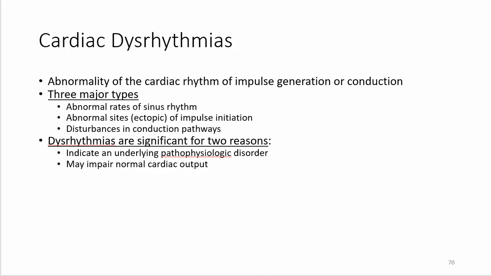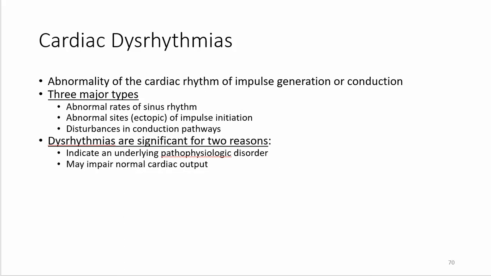Now, why does this matter? Well, a normal rhythm is important for proper cardiac output. So this can lead to a lot of other problems. Now, the dysrhythmia might be the result of another pathological disorder.